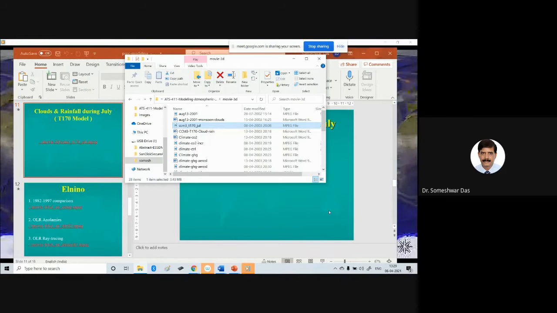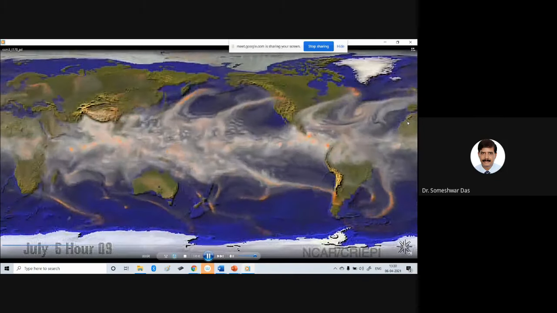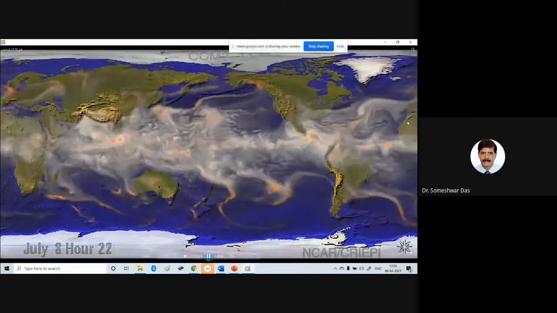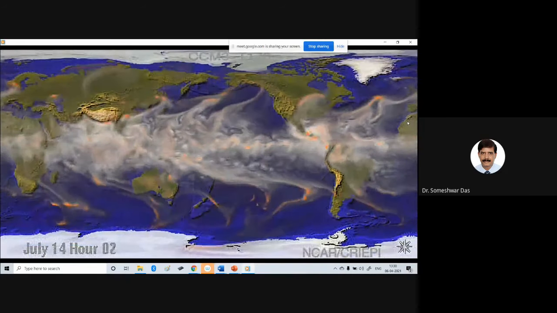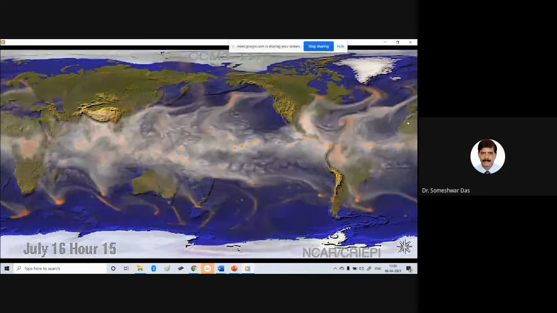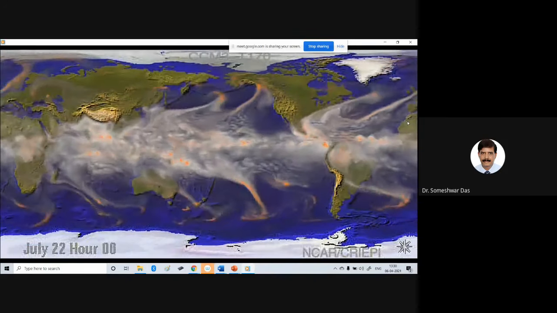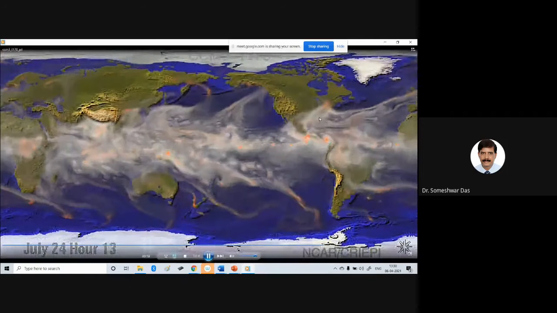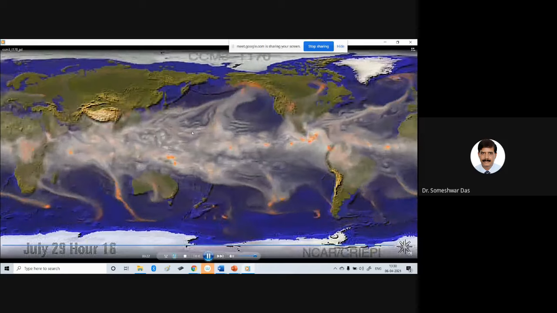So now this is again a visualization in a different way. This is a global Mercator projection, or cylindrical projection, on which we have just animated the simulated precipitation pattern over the entire globe.